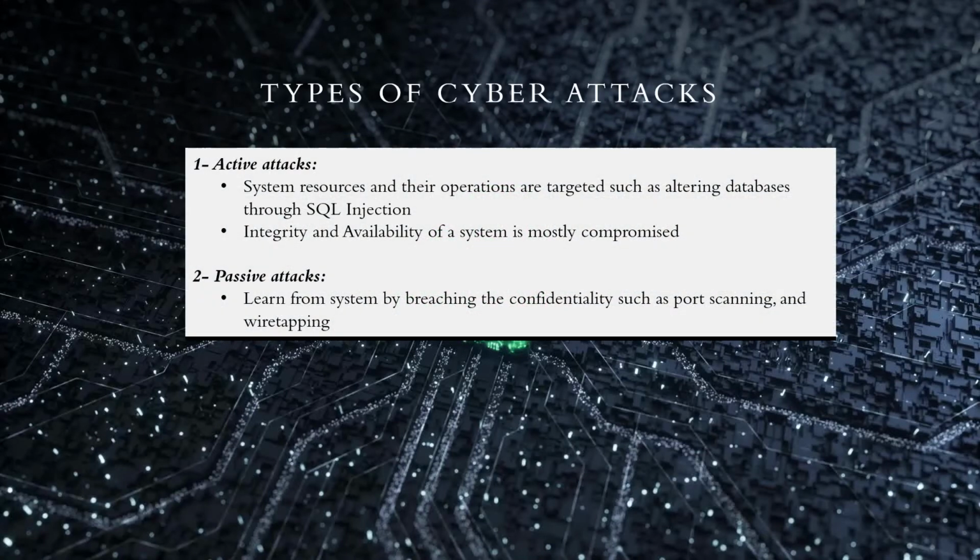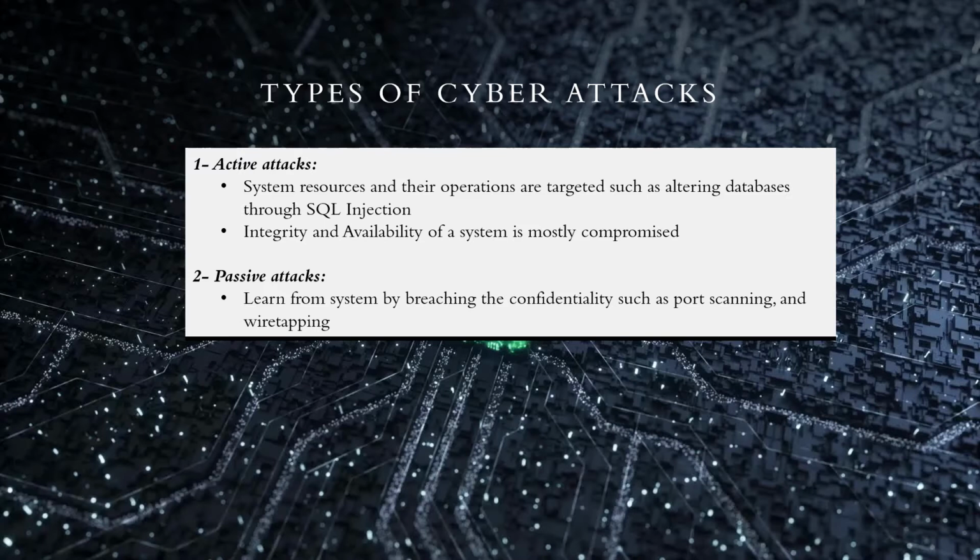Cyber attacks can be classified into 2 categories: active and passive. In active attacks, system data are altered or their operation gets disrupted, such as altering a database through SQL injection. So active attacks mostly target the integrity and availability of the system.